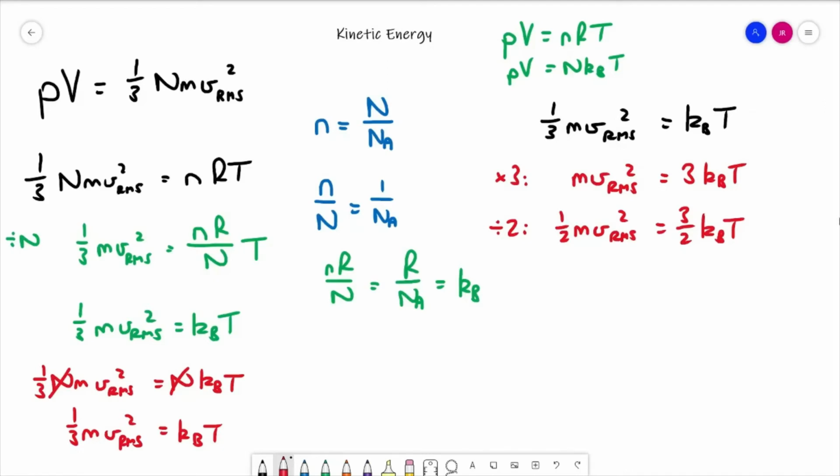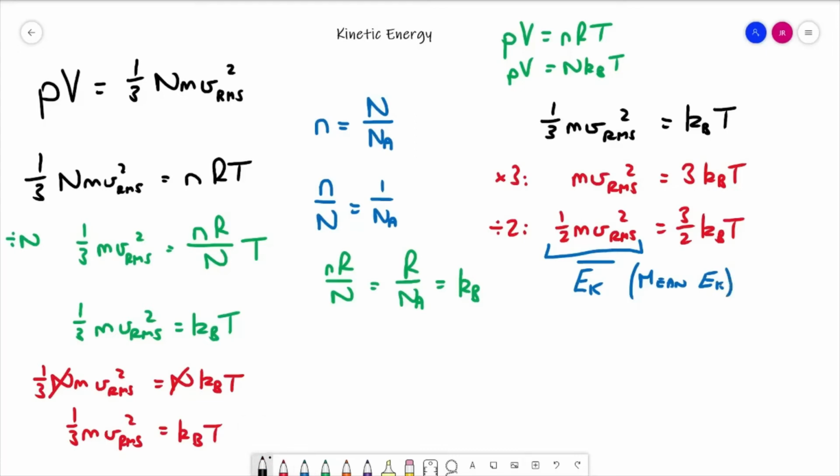Now, of course, we can see that we're pretty much there with kinetic energy. We've got half mv squared on the left hand side of the equation, but it's not v for just one molecule. When we're talking about RMS, this gives us the idea of some kind of mean for the velocities. So, excuse the pun, this kinetic energy is what we call the mean kinetic energy of the molecules.